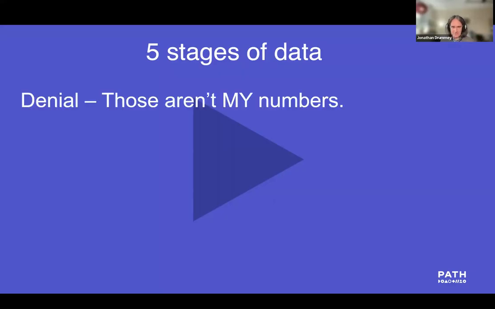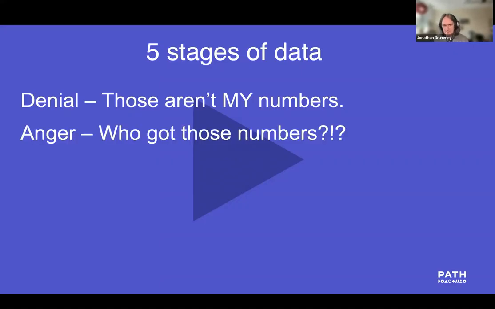And the 5 stages are denial. So those aren't my numbers. I'm sure we've heard that sometimes, and that's where somebody wants lots and lots of supporting context and lineage of the data and so on. There might be anger. Okay, who got those numbers? There's somebody responsible for this, and I am mad at them and want to punish them.